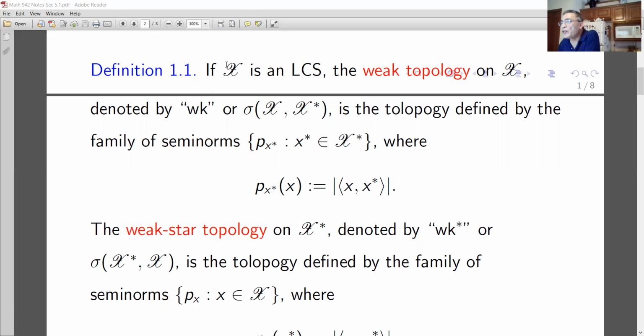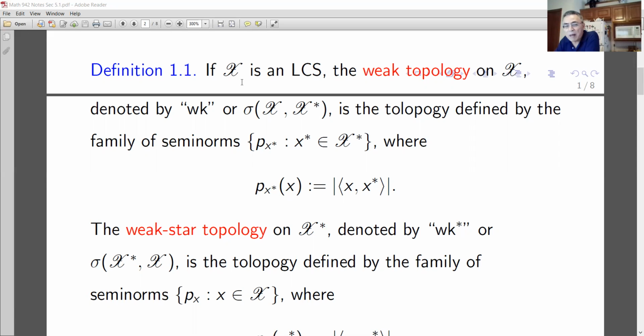So in general, X originally has a topology, and this weak topology is a second topology of X. And we say that with this second topology, the weak topology, X is again a locally convex space.